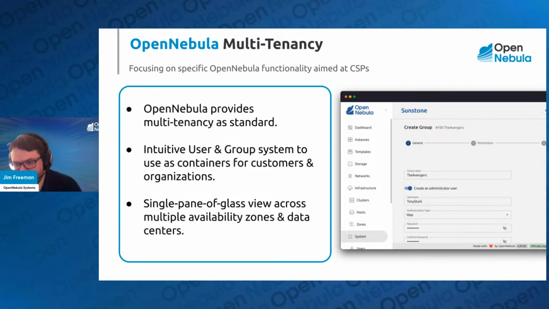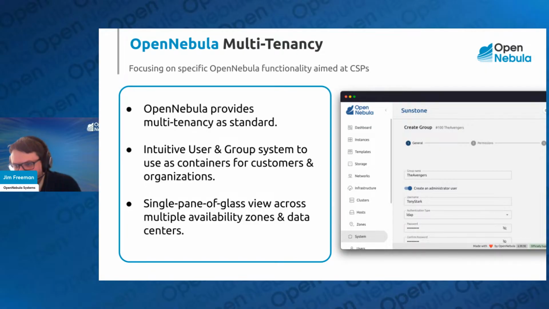So just firstly touching on the multi-tenancy side. We provide multi-tenancy as standard with all of our installations and platforms, whether it's Community Edition or Enterprise. It's built from the core up on this user and group system. If you're using other platforms, the concept of a group could be known as an organization or projects and things like that as well.